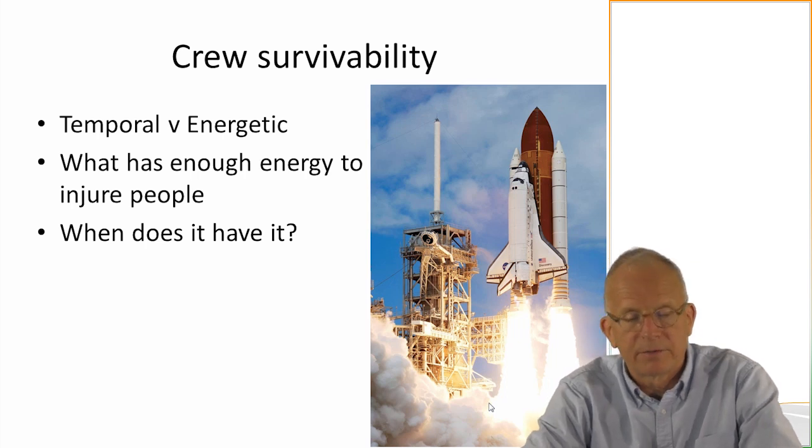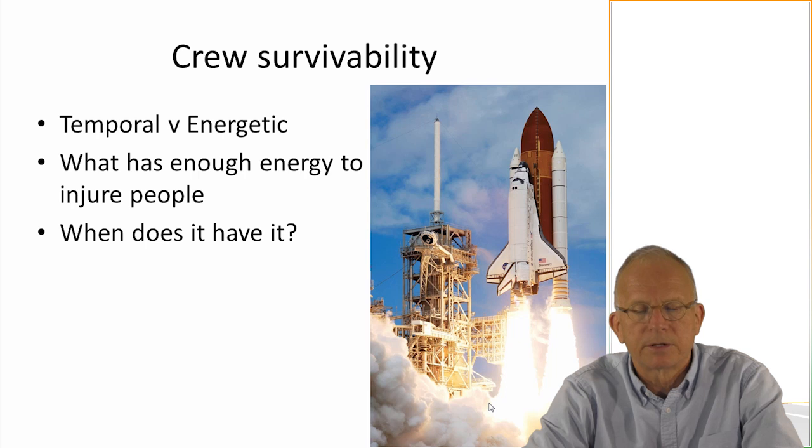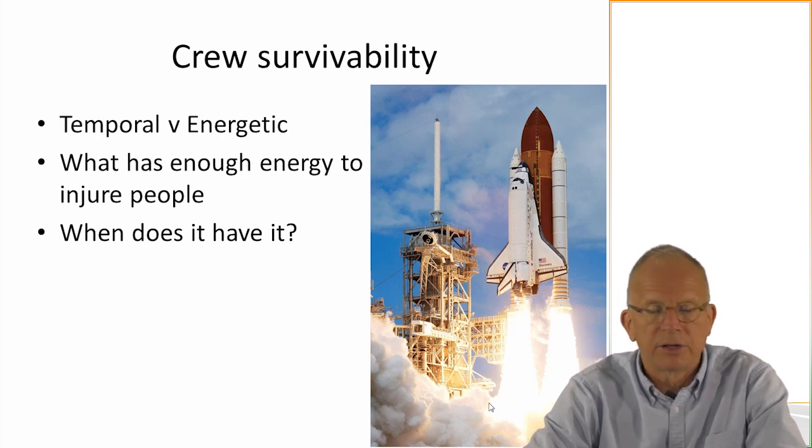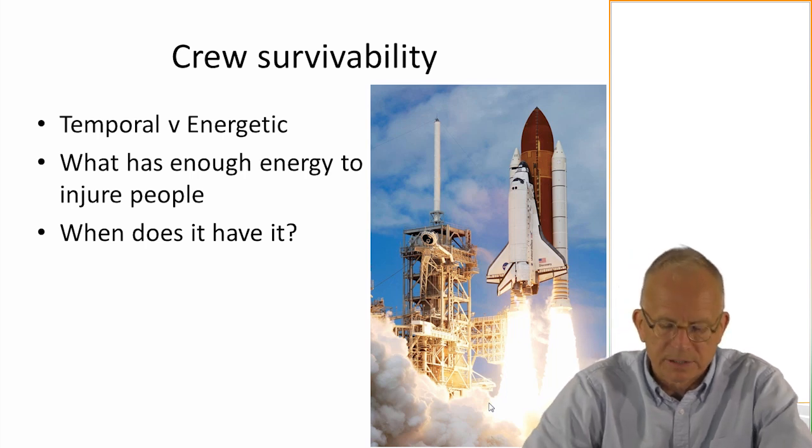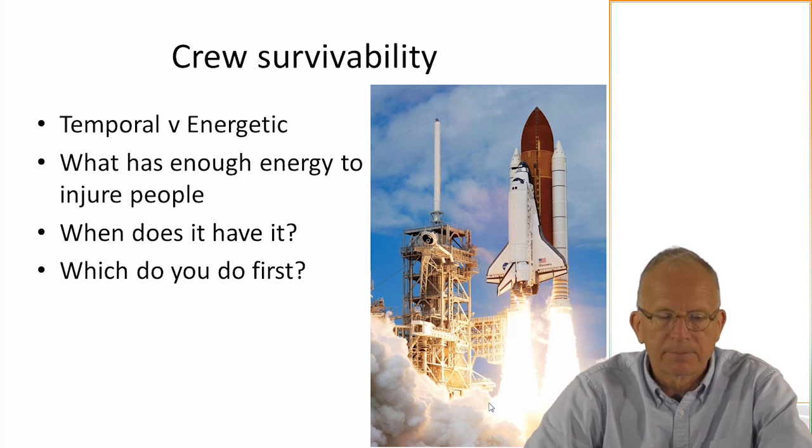That is not advisable in orbit, because the environment in orbit obviously won't support it. And there are certain kinds of energy that are more important at certain times than others. So we did it first temporally.